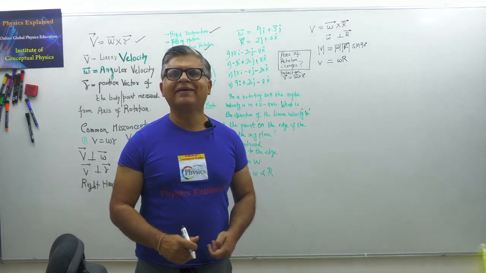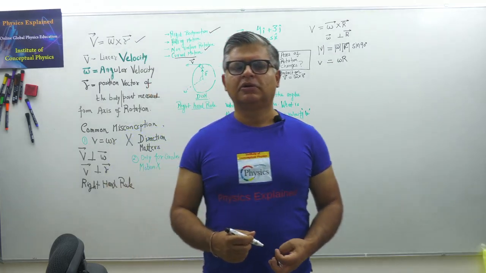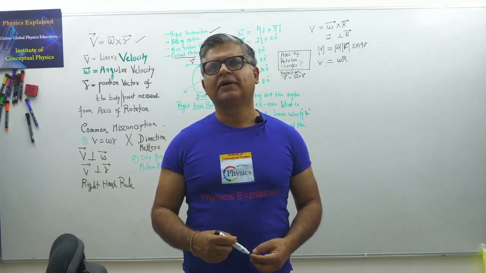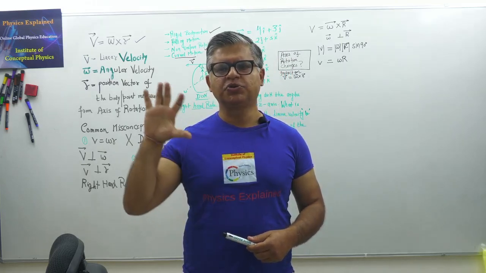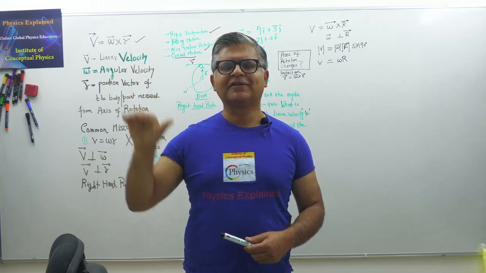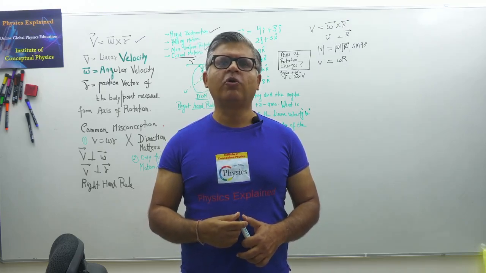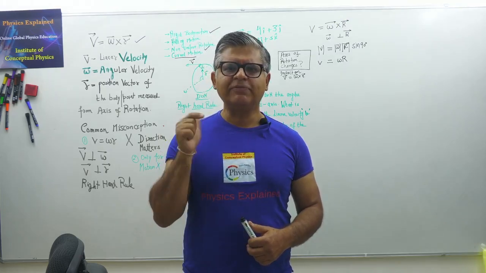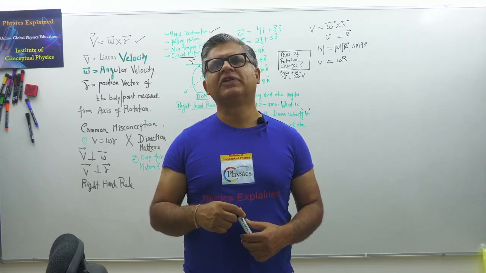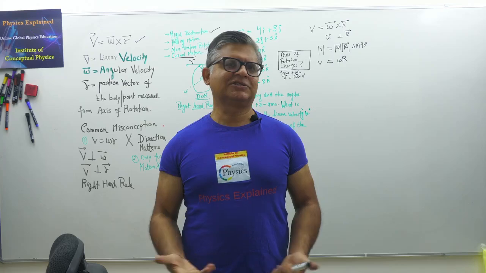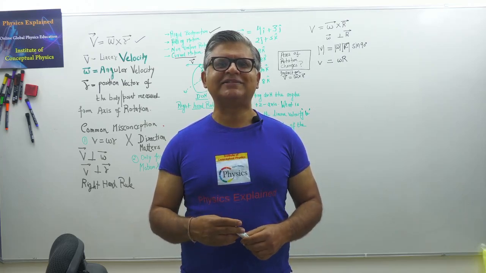Standard way to apply right hand rule using the cross product. So you use your right hand and you will get the direction of the velocity. So this rule, V equals omega cross R, is helping you find the direction of the velocity. It is not just because it is known to you that it is tangential.